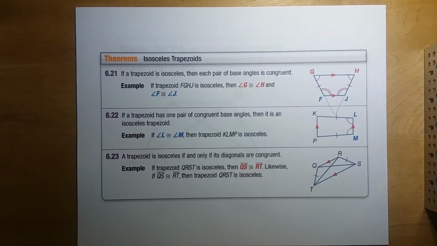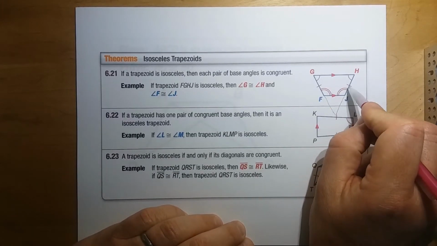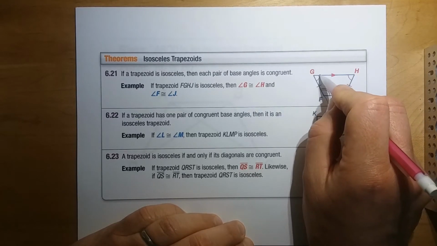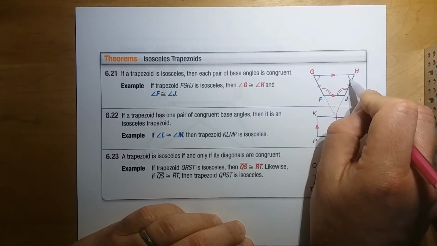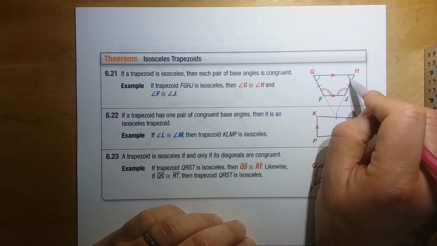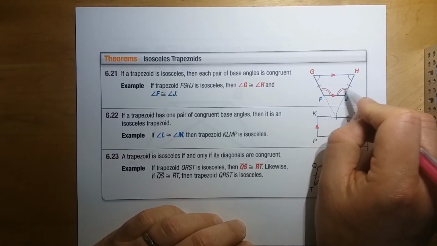So if a trapezoid is isosceles, then we know both the legs will be congruent. It follows from what we know about isosceles triangles that the base angles will also be congruent. So these angles here will be congruent, but also these angles F and J will be congruent.